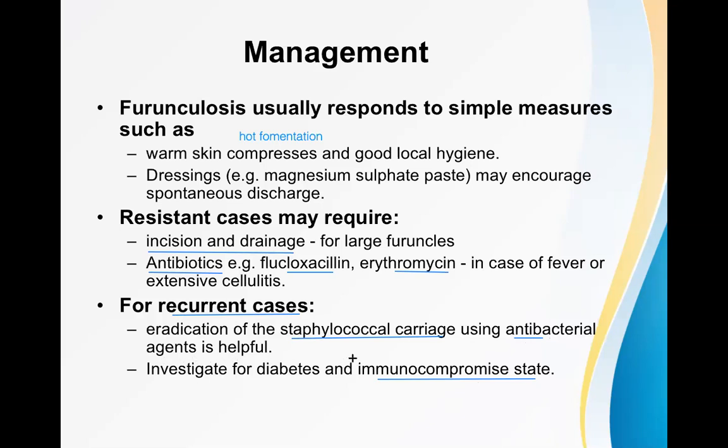We can use certain ointment or cream which are anti-staphylococcal in nature. Later on we'll talk about them, but right now if you want to know the names, these are fusidic acid and mupirocin. Fusidic acid and mupirocin are highly specific for skin infection. These can be applied for a few days so that the staphylococcal carriage will be decreased.